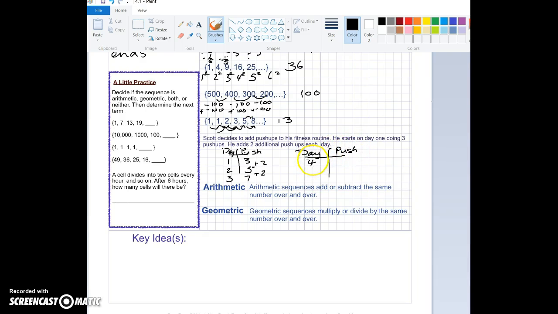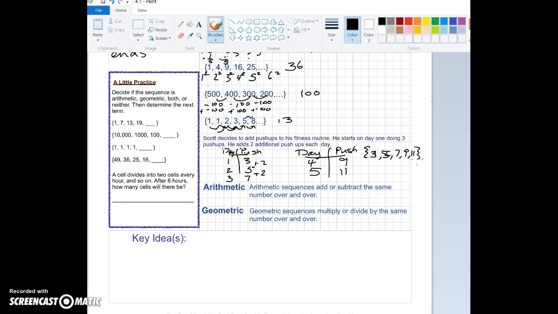We said on day 4 he would do 9, so on day 5 he would do 11. We could write this as a sequence like this. This is the day number. We're writing the actual push-ups in the sequence. So 3, 5, 7, 9, 11. Okay? So we could actually create a sequence, all right?